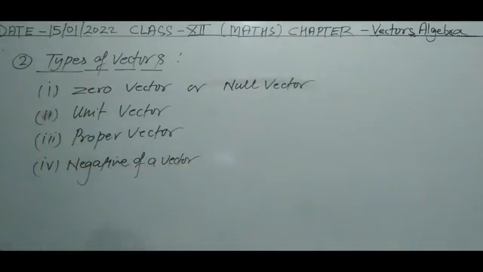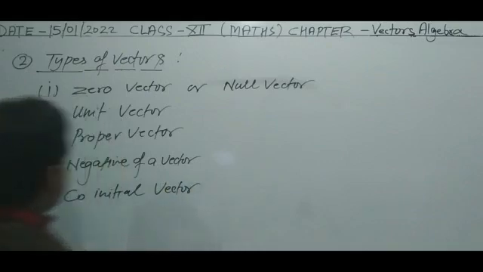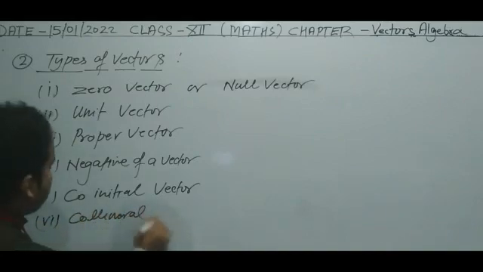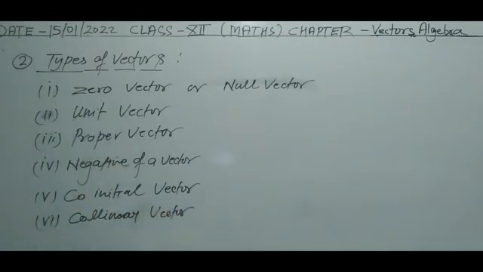Fifth is co-initial vectors. Next type is collinear vectors.